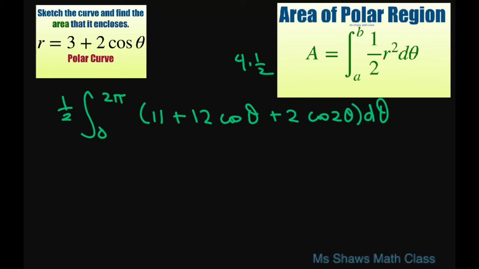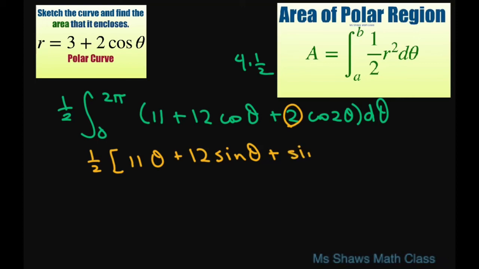Now we can integrate this, so this is going to give us 1/2 times 11 theta plus 12 sine of theta plus 1/2 times 2, which is just 1, so sine of 2 theta. You're just multiplying this by 1/2, and we're evaluating from 0 to 2 pi.